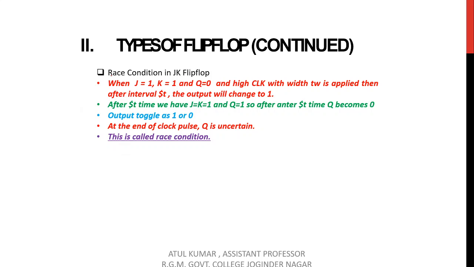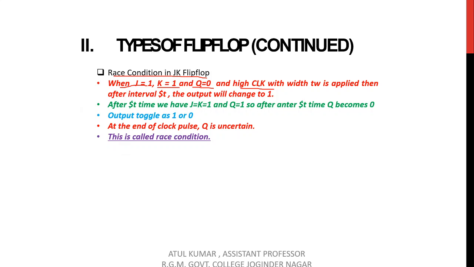So there is also a race condition in the case of the JK flip-flop. We have seen when J is equal to 1 and K is equal to 1 and Q is equal to 0 and the clock is high, then there will be a change or toggle in the output.